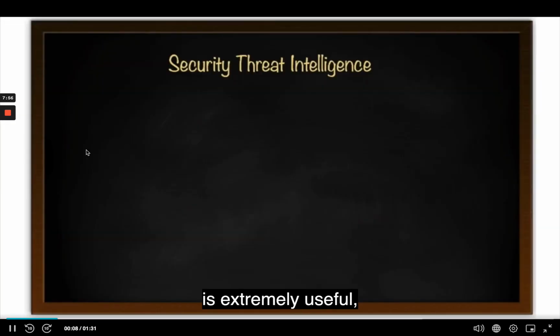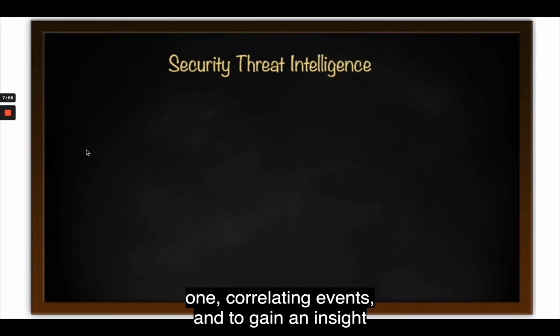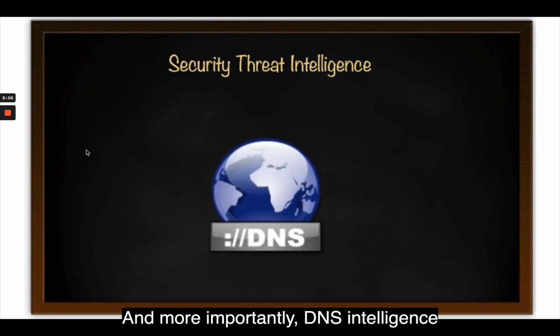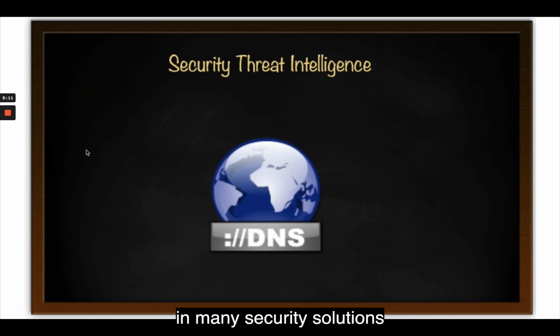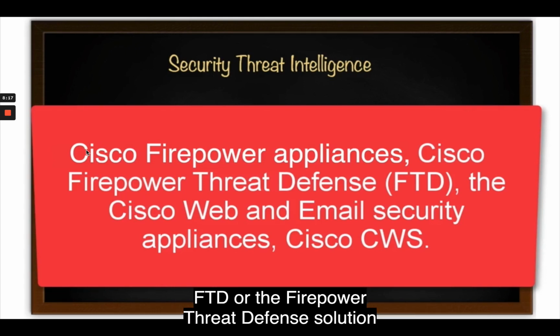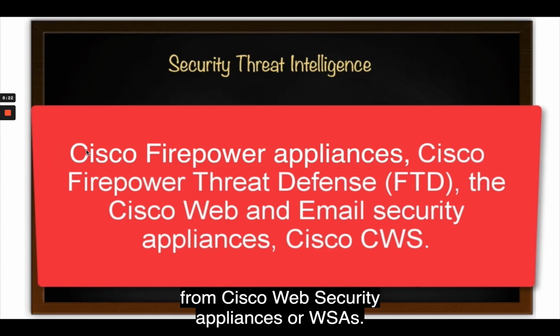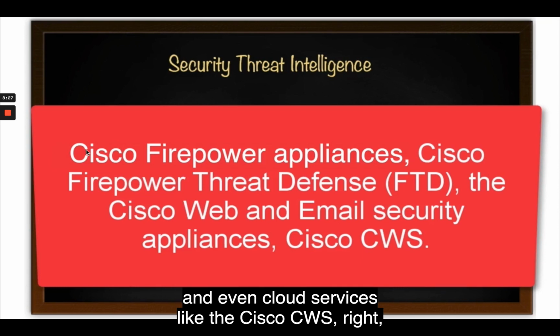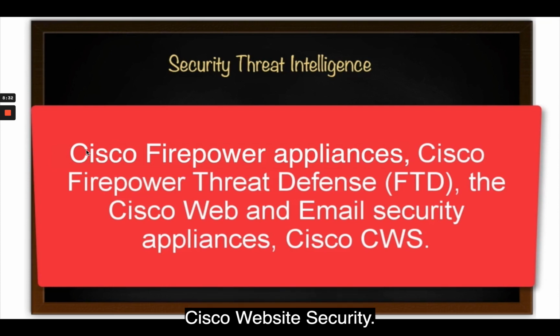Threat intelligence is extremely useful when correlating events and to gain insight into what known threats are in your network. More importantly, DNS intelligence and URL reputation are used in many security solutions, including the Cisco Firepower appliances, FTD, or the Firepower Threat Defense solution from Cisco, Web Security Appliances, or WSAs, email security appliances, and even cloud services like the Cisco CWS, Cisco Cloud Web Security.